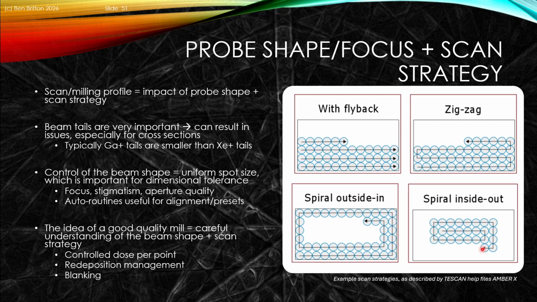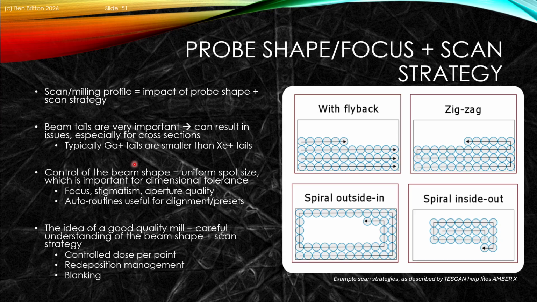One critical aspect of all of these approaches will also be the shape of the probe, especially with regards to the so-called beam tails. And we just recognize that gallium beam tails are typically smaller than xenon tails, as we've described earlier. So we do spend a bit of time checking out that the beam is of a decent shape and size.